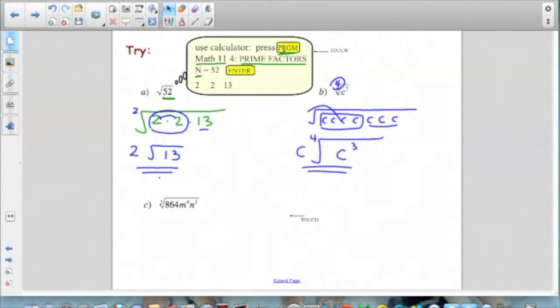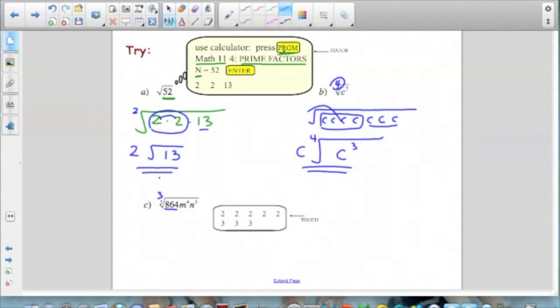All right. So now with the next question, we have a big number there, and our index is 3 now. Should be up a bit higher, but now we'll go to our calculator, type in program Math 11 prime factors, and you should see when you type in 864, those are the numbers that pop out on your calculator.